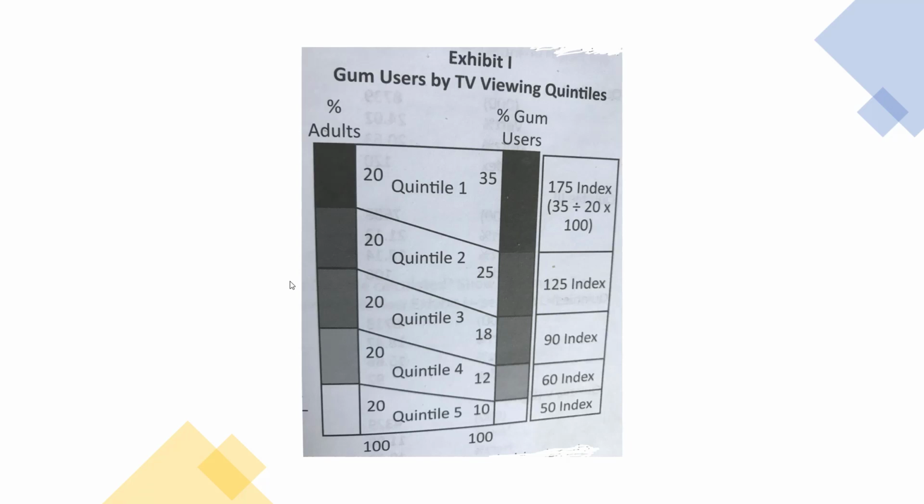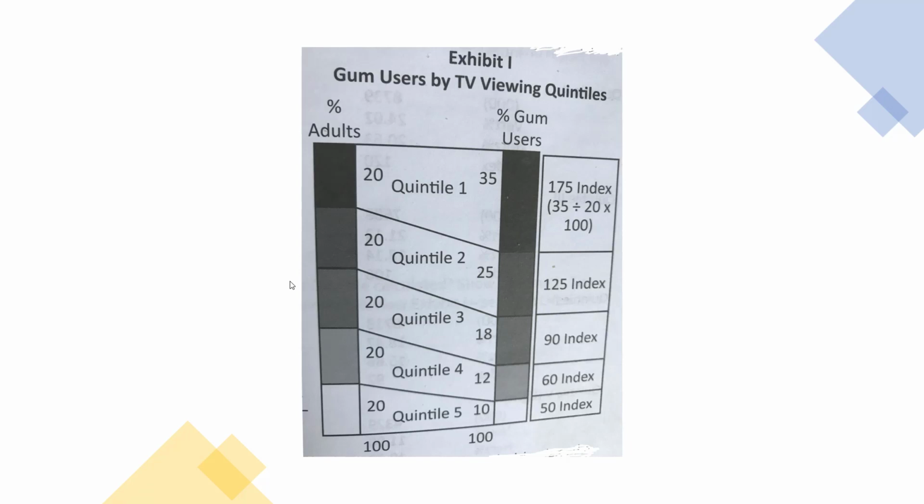So as you can see on this chart, and this should be very familiar to you because we have seen similar things before, we look at quantile 1, the top one.